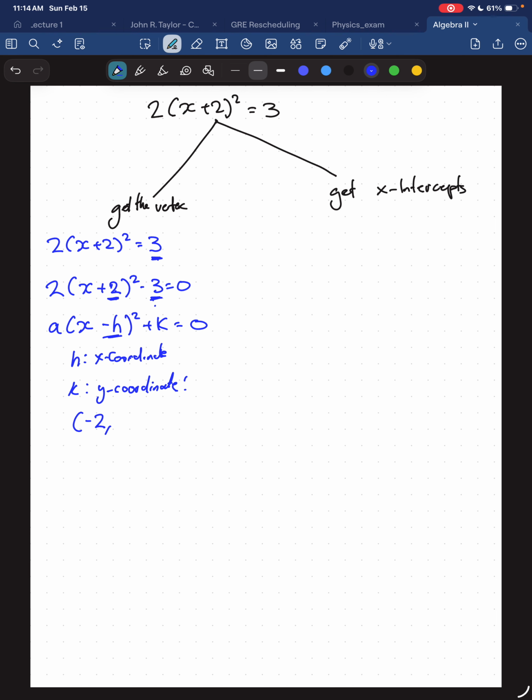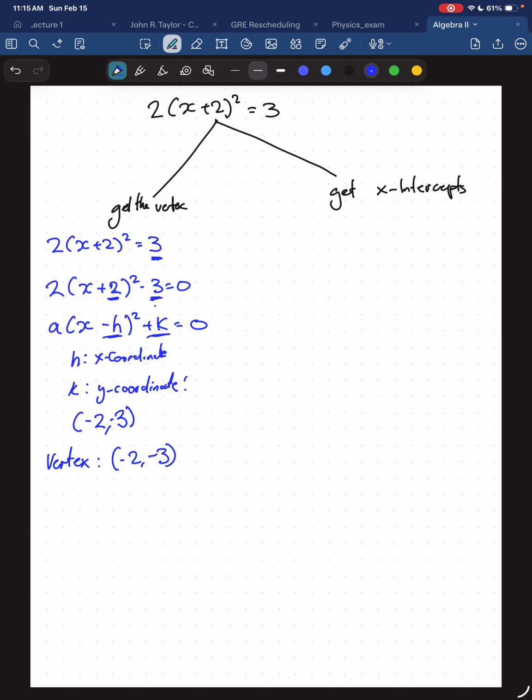But I see there's a plus sign in front of k. So that just means multiply whatever k is by +1. And anything you multiply by +1 is itself. So this is going to be -3. Apologies. So my vertex is going to be -2, -3.